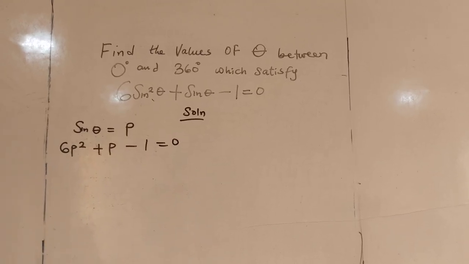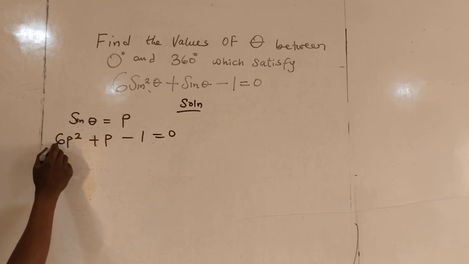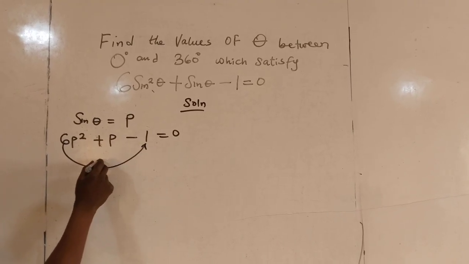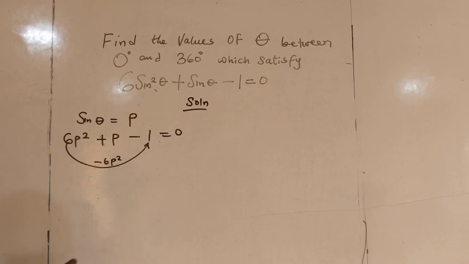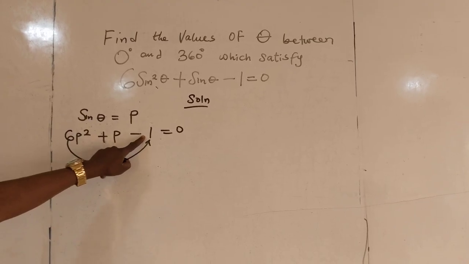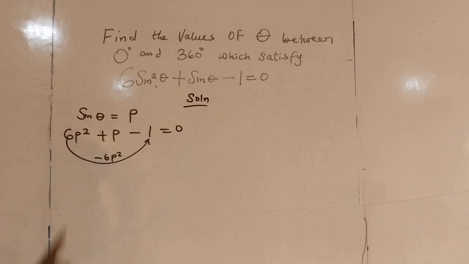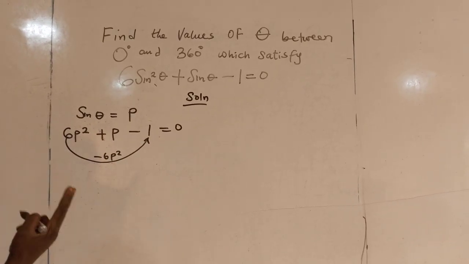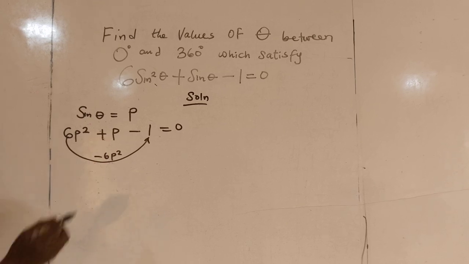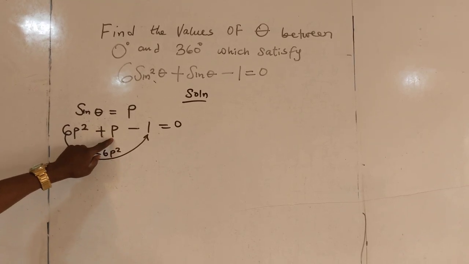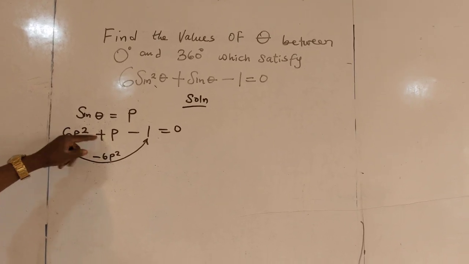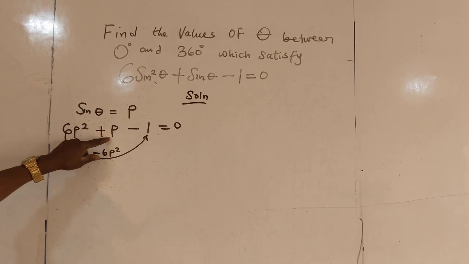Okay, so if you do that, we can go by factorization this way. This one will give us minus 6p squared, which means our product will be minus 6, and the sum is minus 1. So we think of two numbers such that when we add them together, they give us plus 1p.